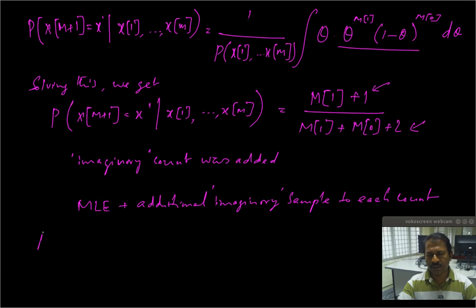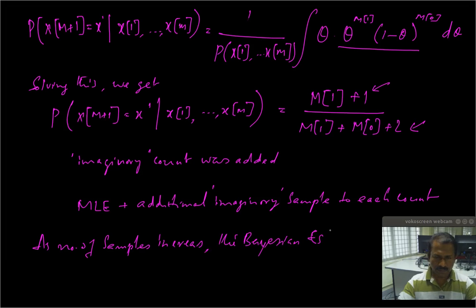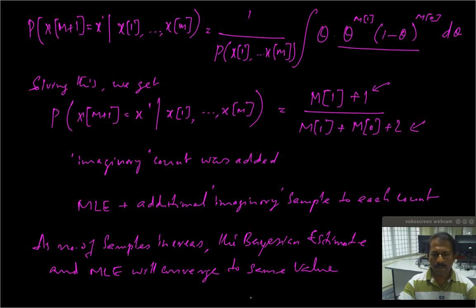And you can see that as the number of samples increases or grows, the Bayesian estimate and MLE will converge to the same value, because as these become large numbers, these additional counts become very, very small.